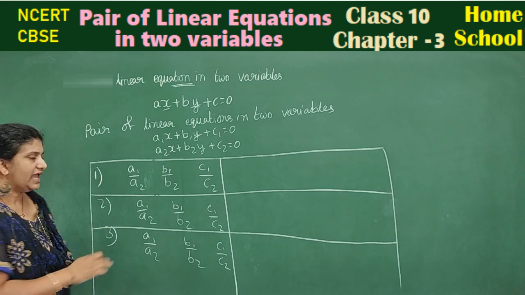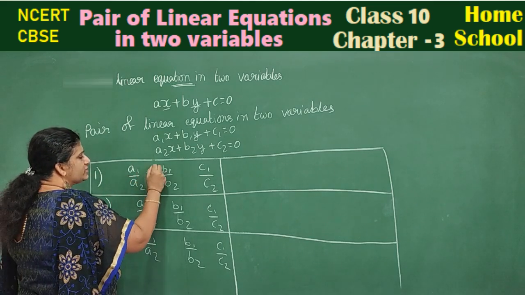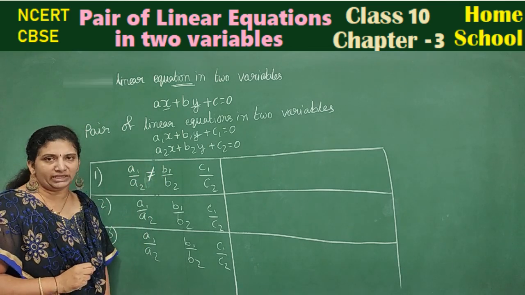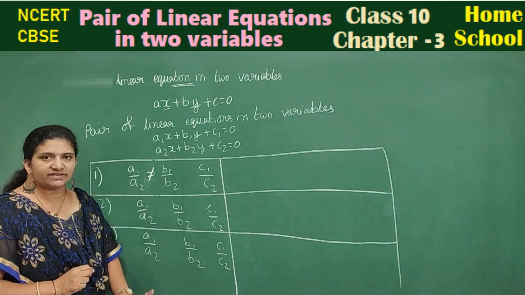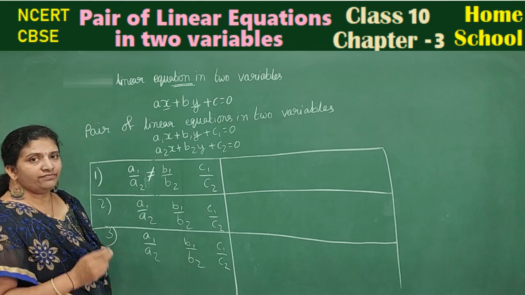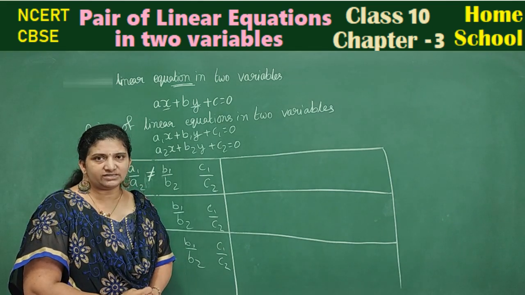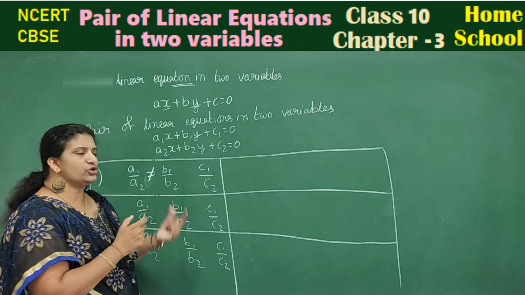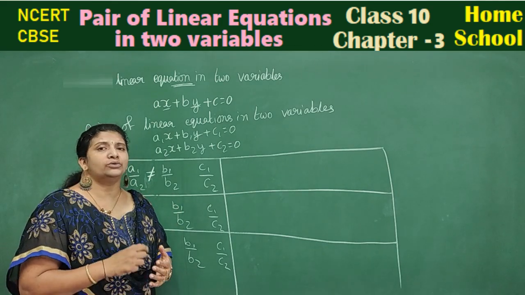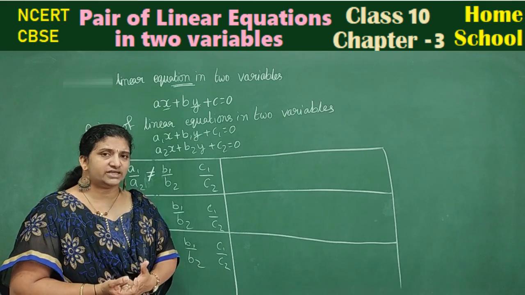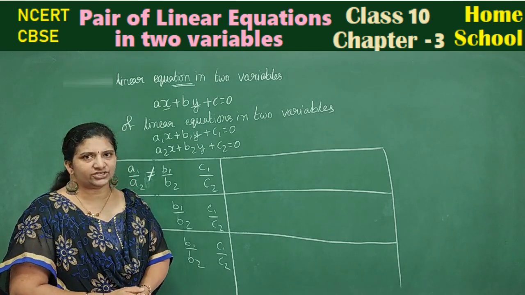Case 1: a1 by a2 is not equal to b1 by b2. We don't bother about c1 by c2. For any given pair of linear equations, by seeing the ratios, we can say what the algebraic and graphical representation will be.